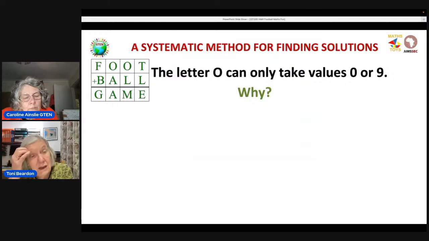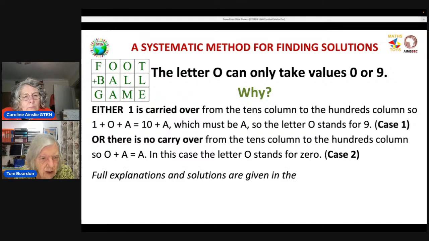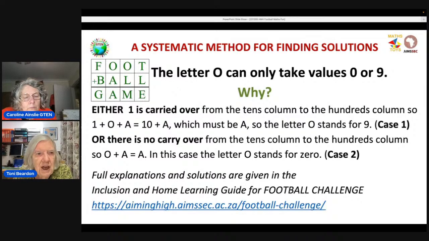Now, actually, it turns out that the letter O can only take the values 0 or 9, and the reasons are given here, but I don't think we want to dwell on it now. But if you think about it, you can probably work out why O can't be anything else other than 0 or 9.